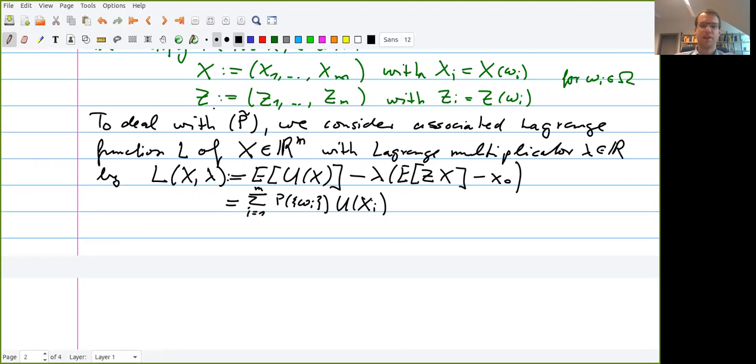This is just a concave function or convex function, depending on how you see it. And then you calculate here also the second expected value. Again, you have to weight it with the probability that an omega i appears. Then you have here zi xi, right? These are the values of the random variables. And then you have minus the.